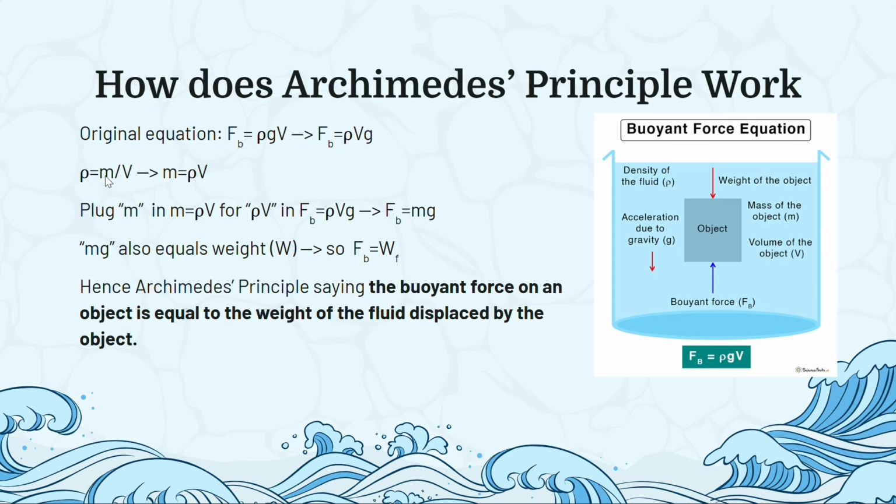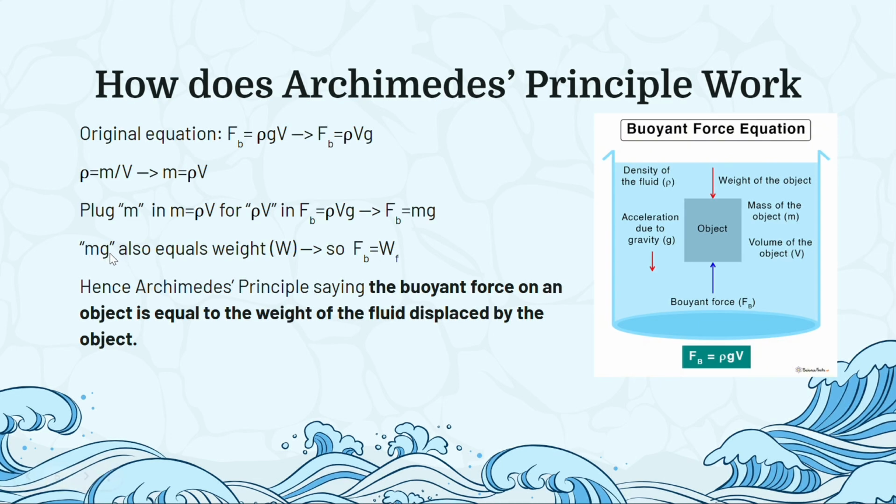Since density equals mass per unit of volume, it can be rewritten as mass equals density times volume, which relates to the mass of the displaced fluid. We can substitute m equals rho times volume into our equation for buoyant force. The buoyant force is equal to mass times gravitational acceleration.